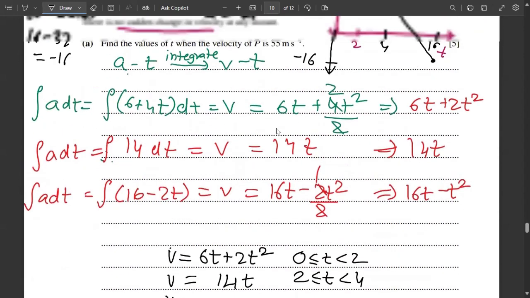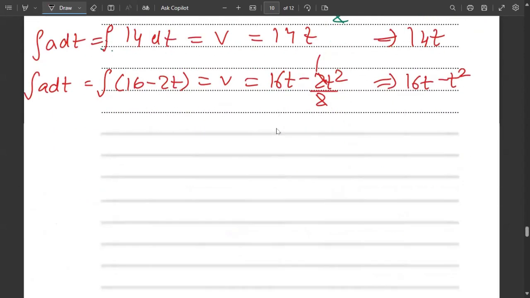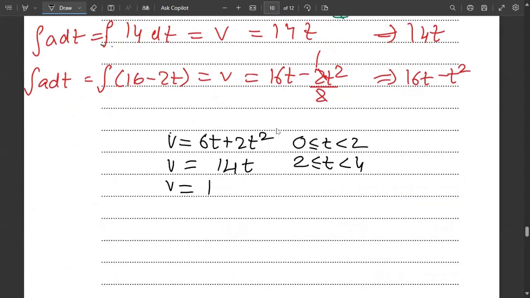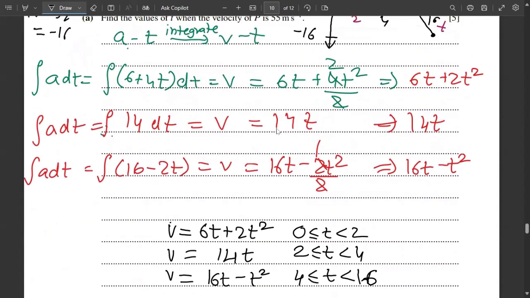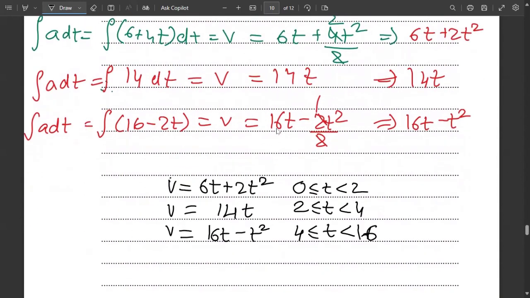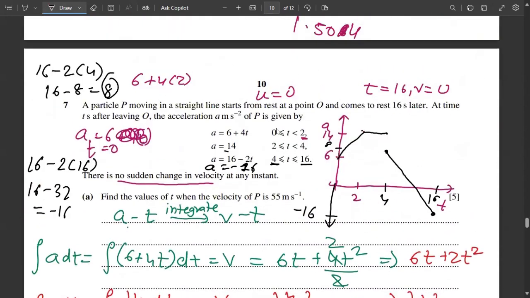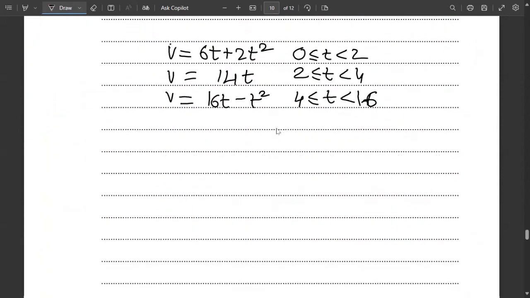And the velocity will be 16t minus t square for time 4 to 16. Okay. So now that we have this, you have to find the values of t when velocity of P is 55.